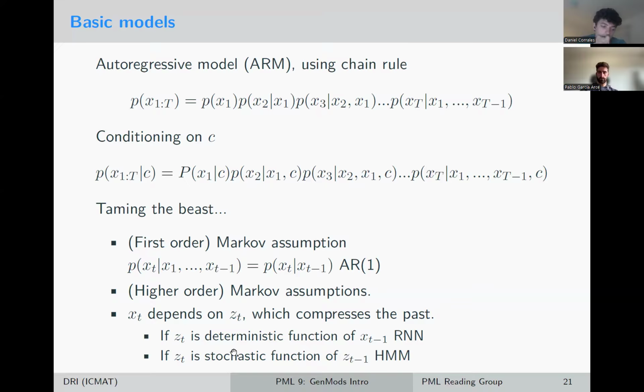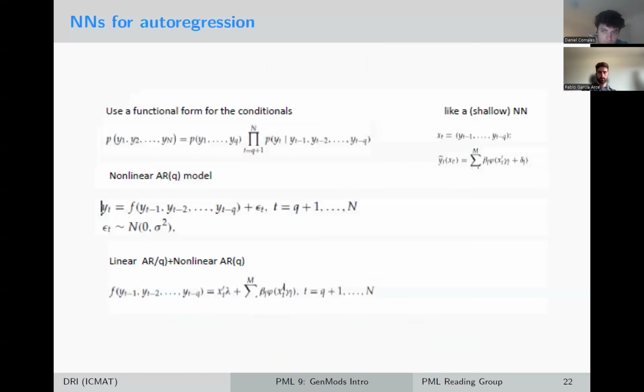And finally, another oldie: when zeta t is a stochastic function of zeta t minus 1, we have a state space model, and in the discrete case one example would be a hidden Markov model.